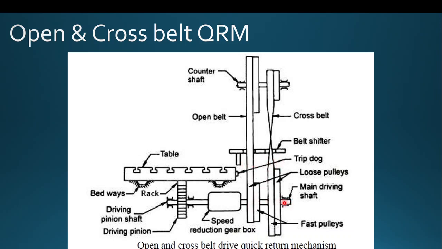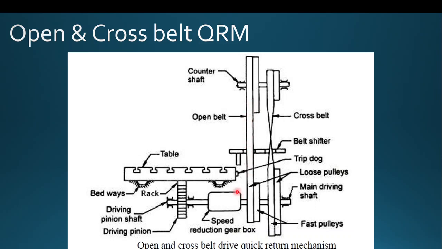Automatically the rotation direction of the main shaft is reversed, because the belt drive is now changed from cross belt to open belt. So automatically the direction of linear motion of the table is reversed, and in the meantime the power is reduced because the open belt drive is now in action.